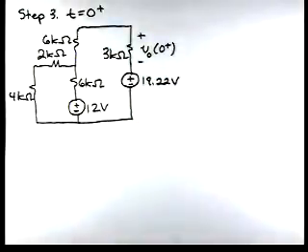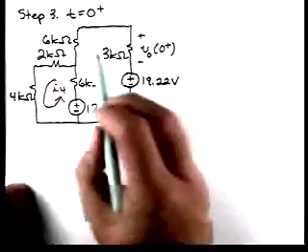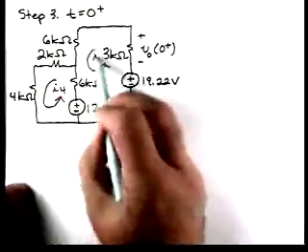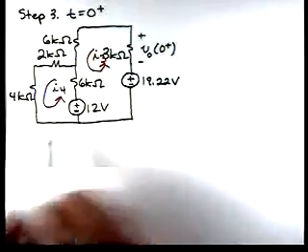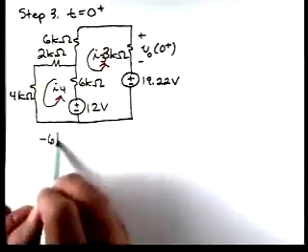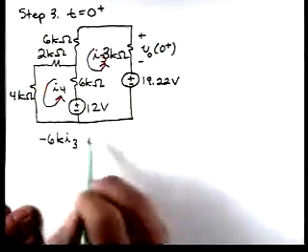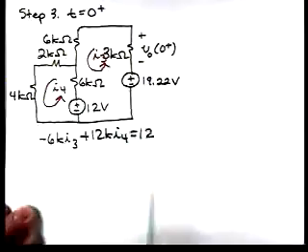And again, we can use mesh analysis. I'm going to call that one I4 and this one I3. Now if we apply mesh analysis, we'll have minus 6K I3 plus 12K I4 is equal to 12.